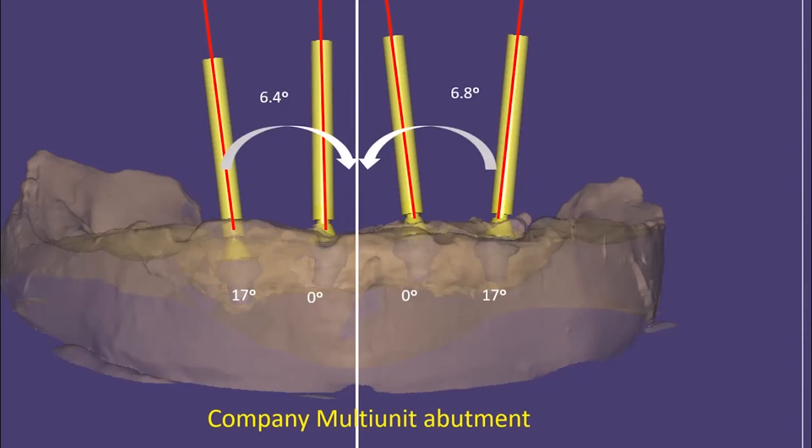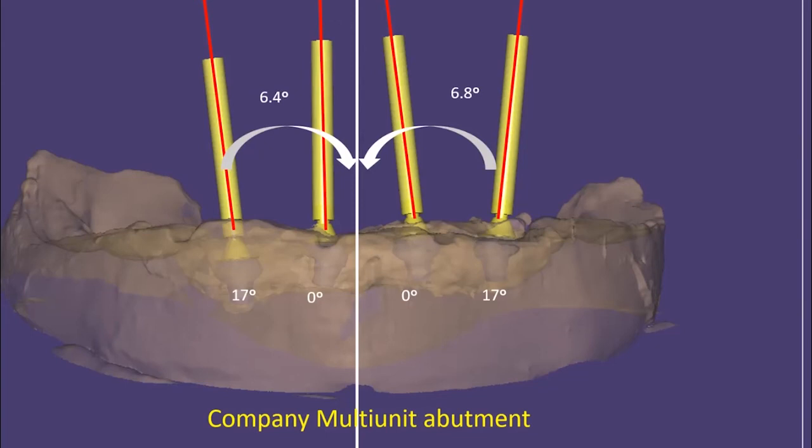So after using 17 degree, I still need a correction of almost 7 degree to reach zero. That means almost 24 degree, and a 24-degree abutment is not available from the company. I only have 17 and 30.